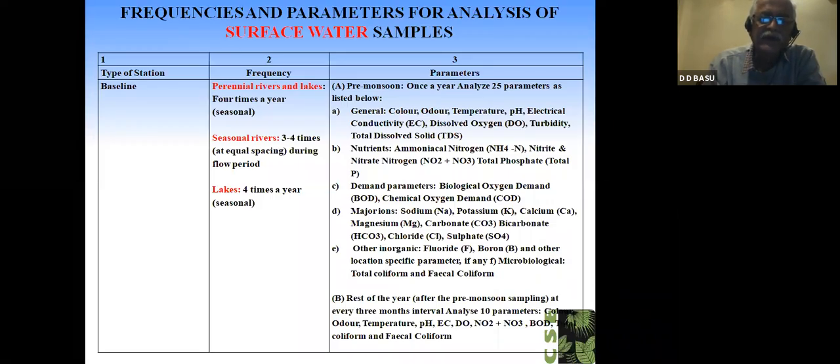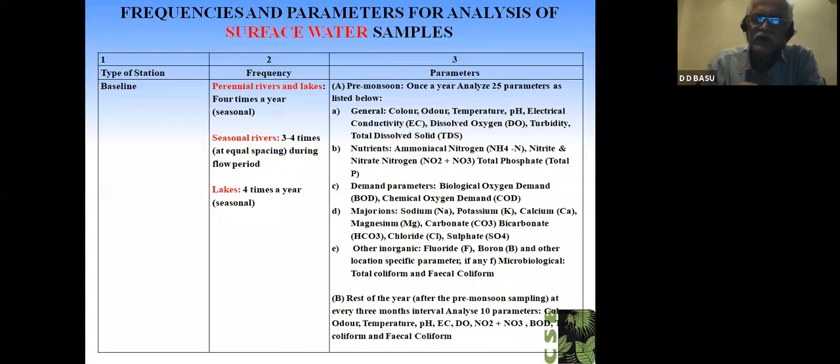Now we have to go for baseline data collection. That is the frequency: 4 times in a year, if it is a perennial river. All the things you don't have to go for because basically they don't change. General parameters are color, odor, temperature, pH, fecal coliform, electrical conductance, dissolved oxygen, total dissolved solids, and then ammoniacal nitrogen, nitrate, nitrite, and nitrogen oxide.